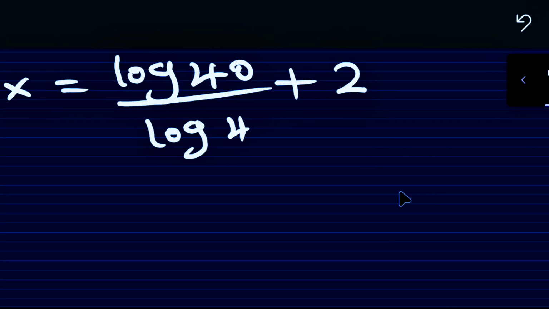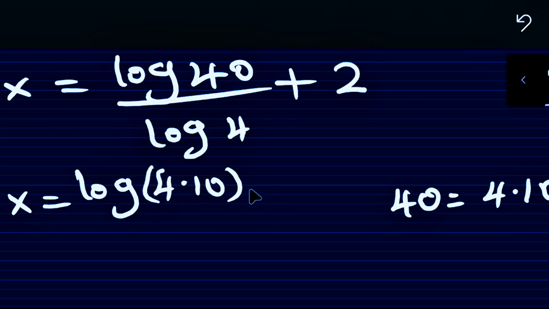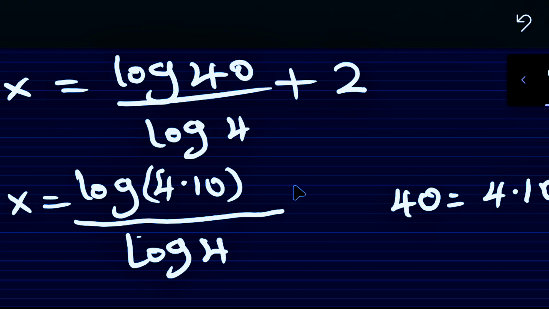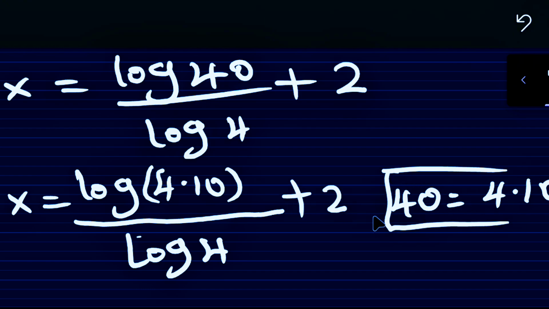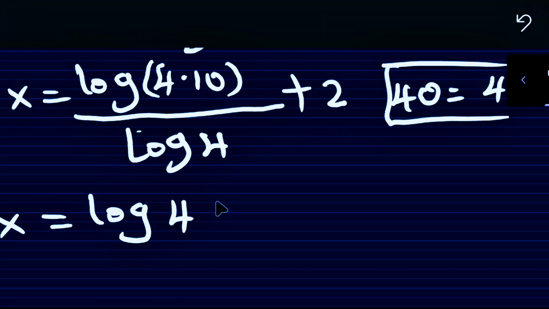From here, note that 40 equals 4 multiplied by 10. If this is the case, x equals log of (4 multiplied by 10), let this be inside parentheses, then divided by log 4 plus 2. So x will be equal to log 4 plus log 10.